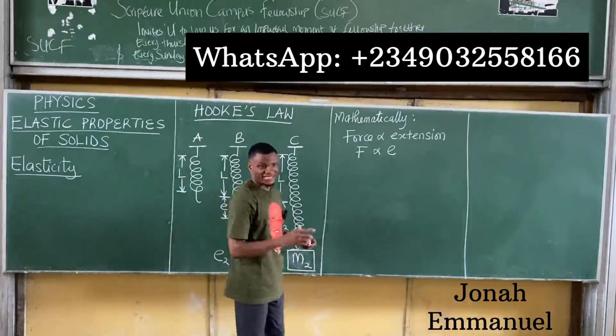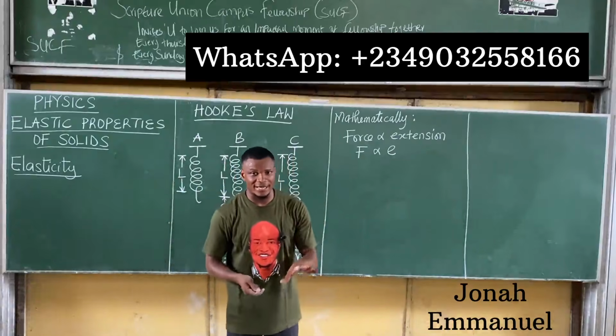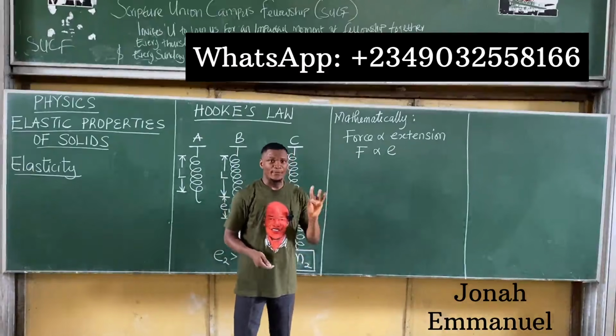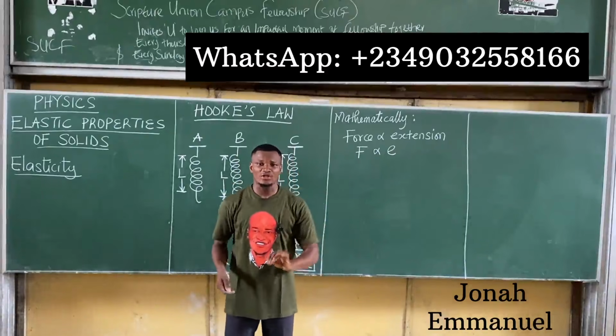All right, so here's a question. If I look at Hooke's law critically, Hooke's law states that the extension produced in an elastic material is directly proportional to the force.